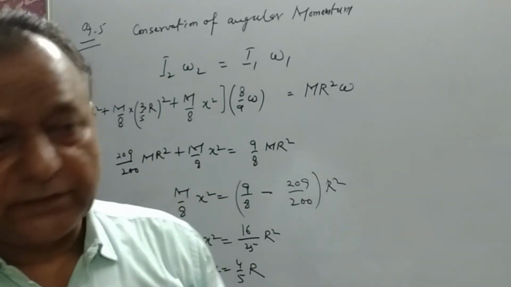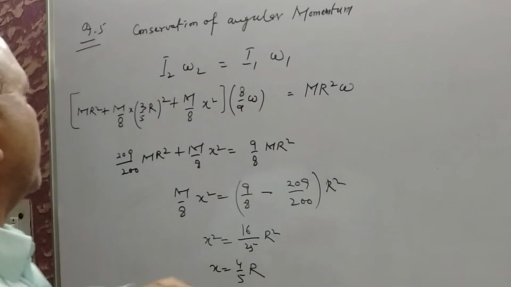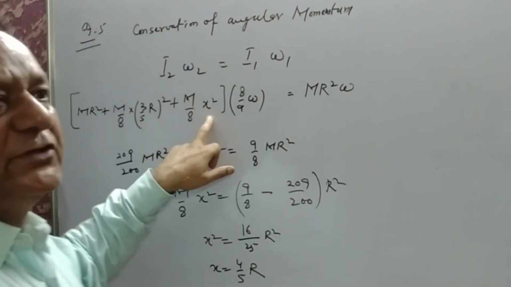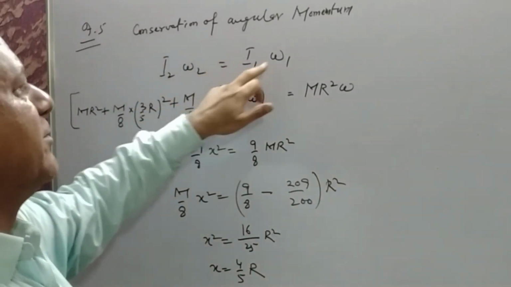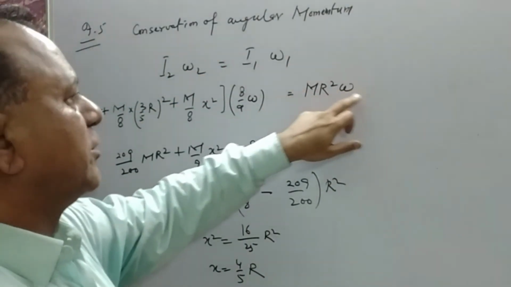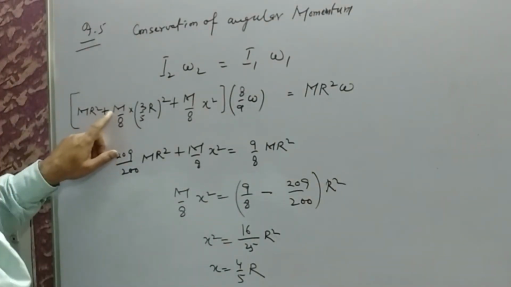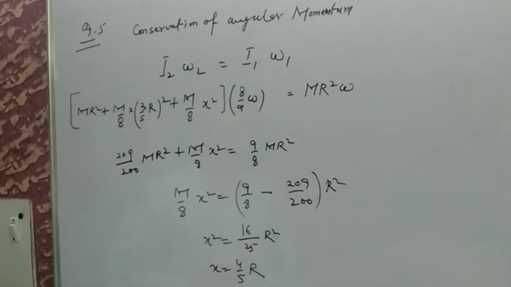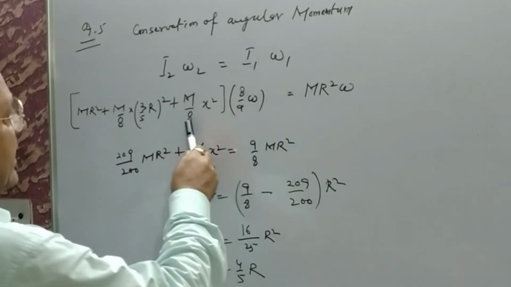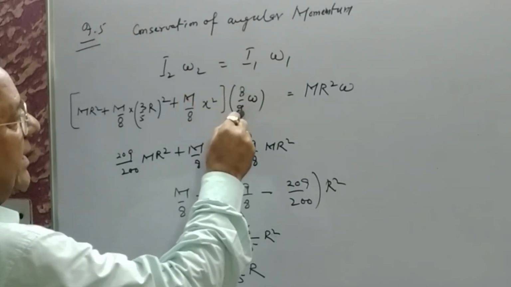Again in this question, using conservation of angular momentum, I have to find the position of another bead. So it is very easy. I2 omega 2 is equal to I1 omega 1. I1 omega 1 is M r square omega. Now first M r square plus m by 8 x square. The distance of the first is given as 3 by 5 r whole square, plus m by 8 x square, and you are given omega 2 as 8 by 9 omega.